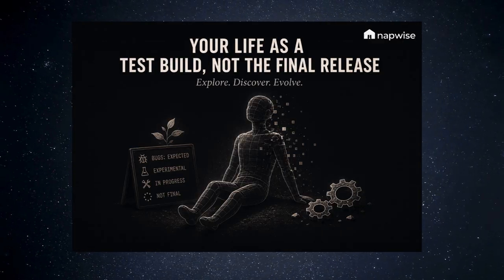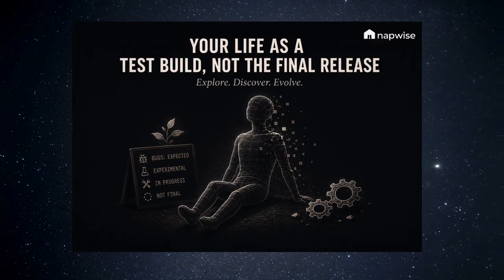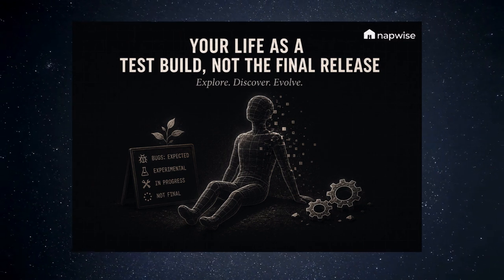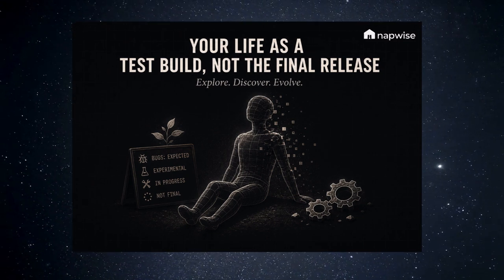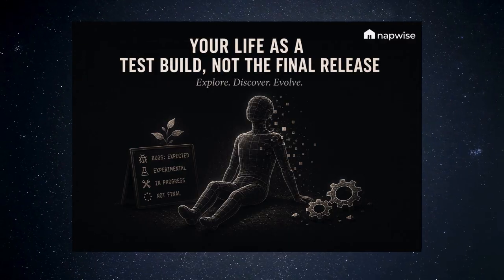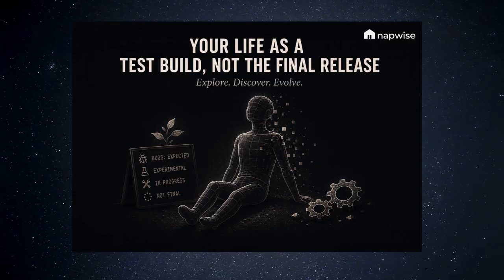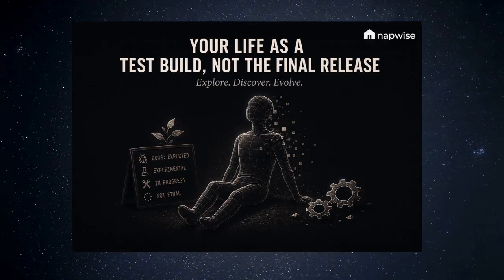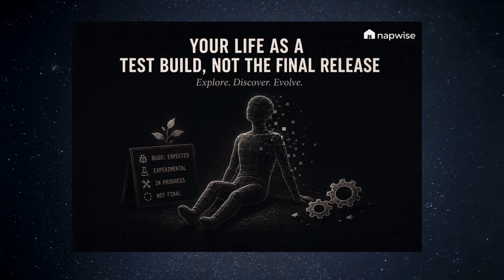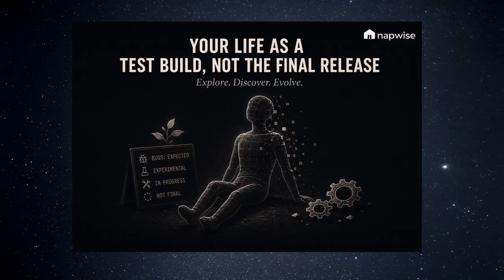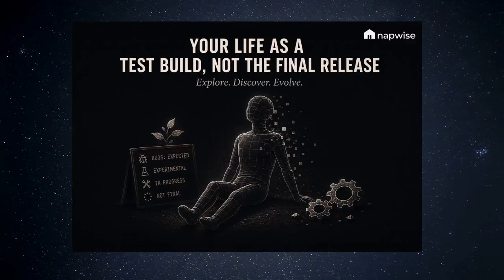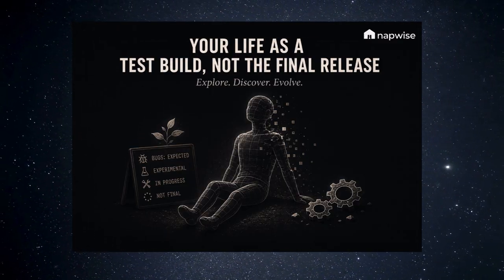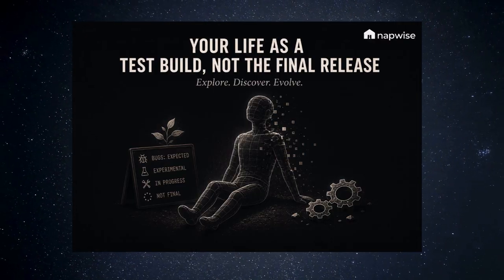Not because the developers are incompetent, but because this is the phase where everything important gets discovered: the interactions that weren't anticipated, the edge cases that only emerge under real conditions, the unexpected behaviors that reveal something true about how the system actually works versus how it was theorized to work in controlled environments. The test build exists so that consciousness can try things, fail safely, and learn without permanent stakes attached to every mistake.